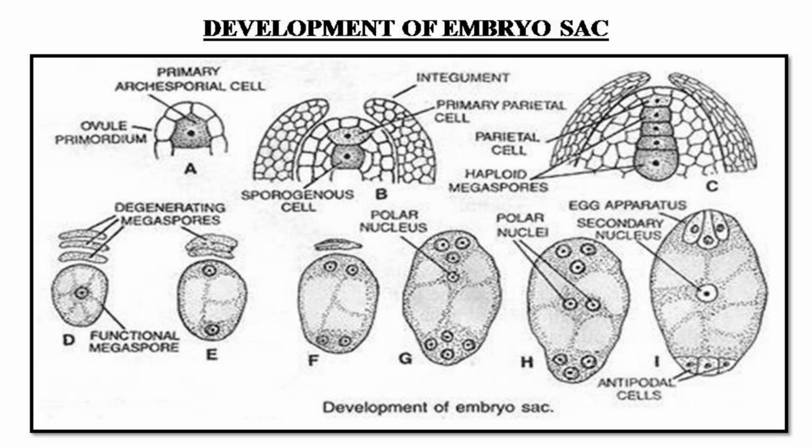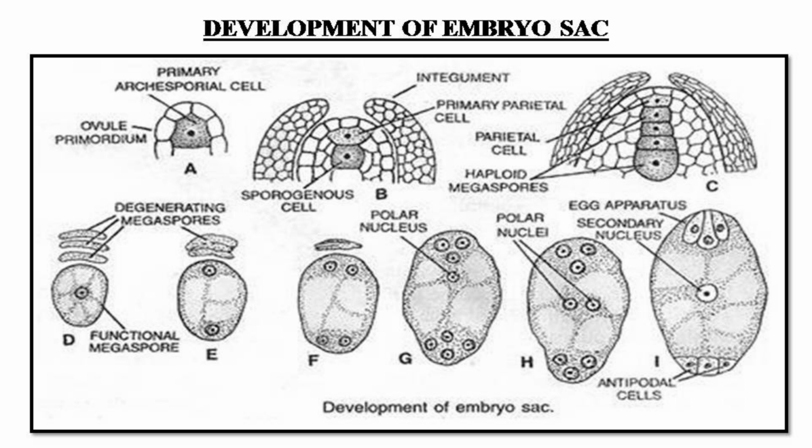The 3 cells at the chalazal end form 3 antipodals. The remaining 2 nuclei, one from each pole, that is the polar nuclei, move to the center and fuse to form a single diploid nucleus called secondary nucleus.